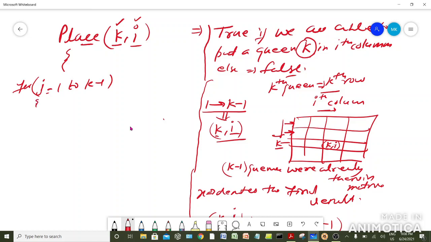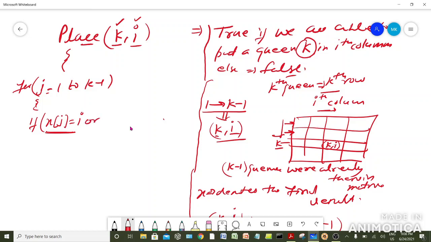Now it says that if x of j is equal to i, this is the condition for checking whether any queen that was placed previously is in the ith column or not. So this is the check for that. So it is checking our second implicit constraint.